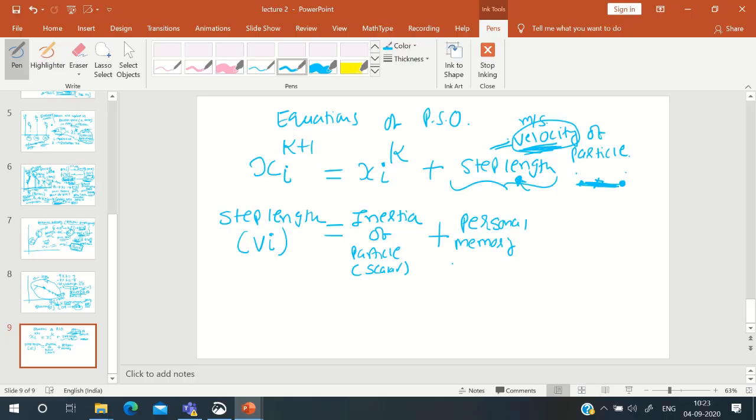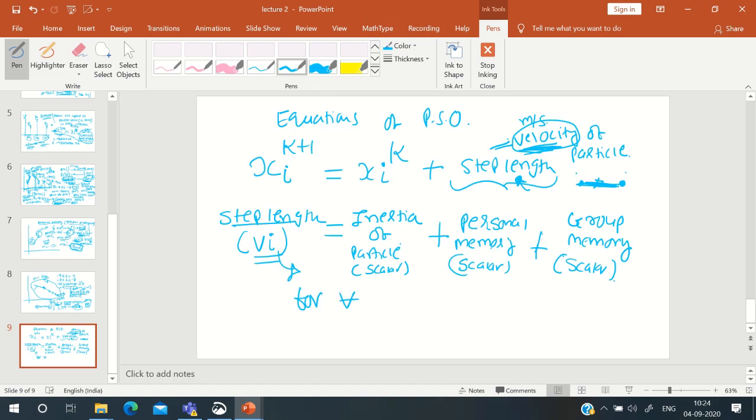Personal memory of each particle. You will obtain again a scalar value, plus group intelligence, or group memory. Again you will obtain a scalar value. So three scalar values are added and you will obtain the step length for each particle. This equation is to be applied for every particle.